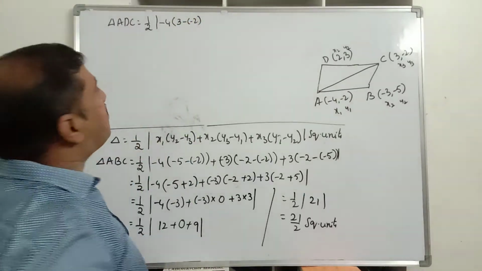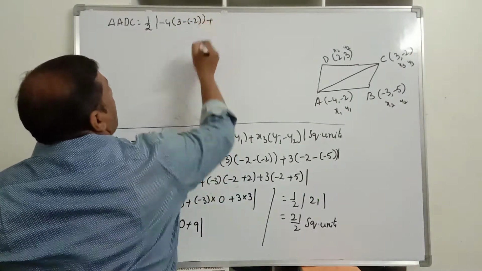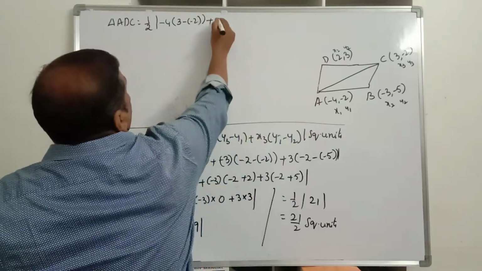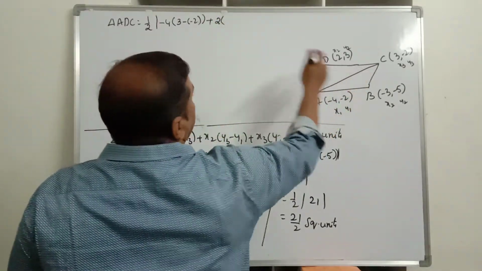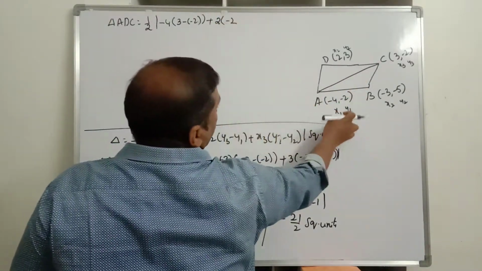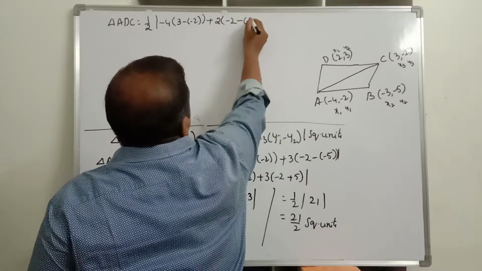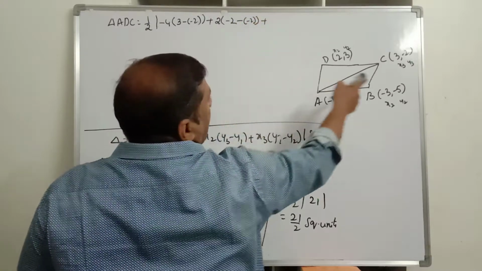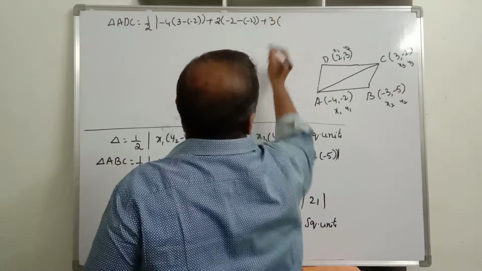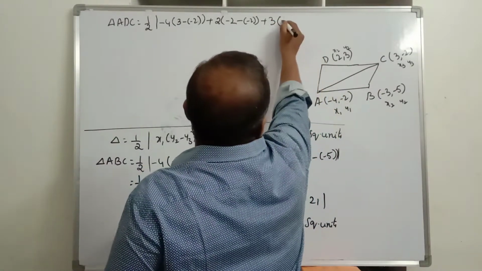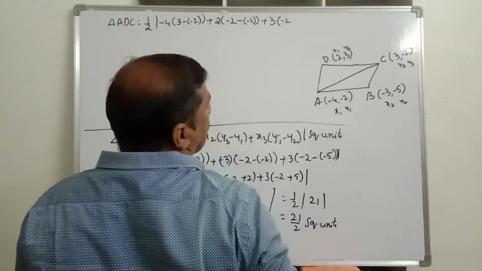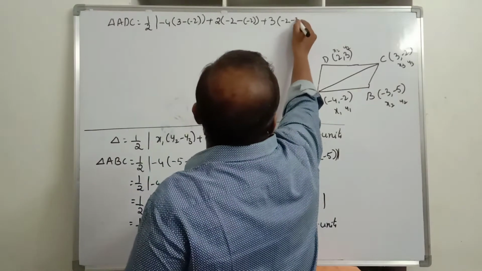3 minus of minus 2, plus then x2 is equal to 2 into (y3 minus y1); y3 is minus 2 and y1 is minus 2. Therefore minus of minus 2, plus x3 is equal to 3 into (y1 minus y2); y1 is minus 2, y2 is 3.